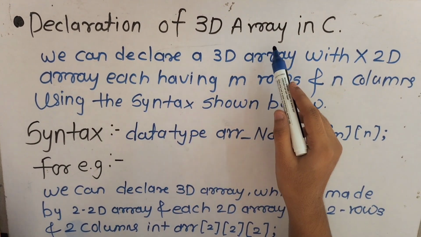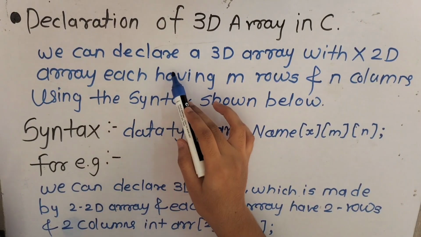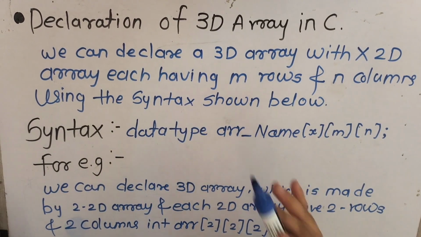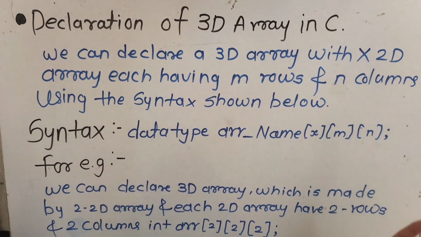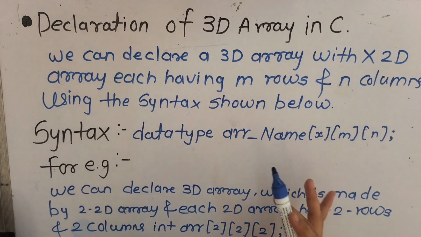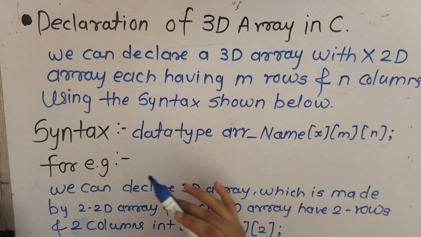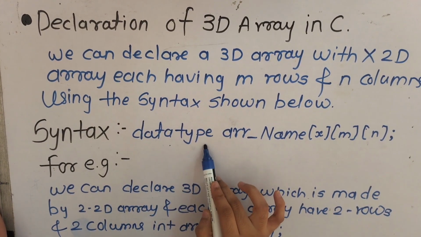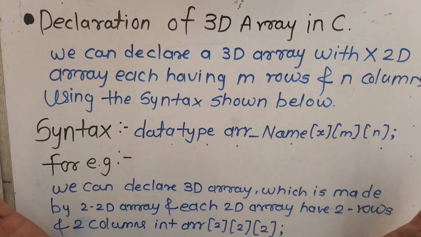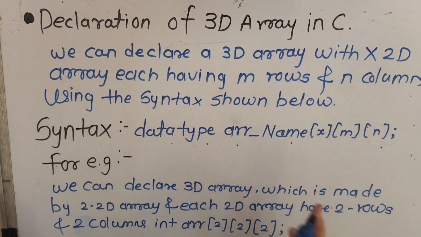Declaration of a 3D array in C. We can declare a 3D array with 2D arrays, each having m rows and n columns, using the syntax shown below. The syntax for declaration is: data type, array name, x, m and n. This is the simple syntax for a 3D array.